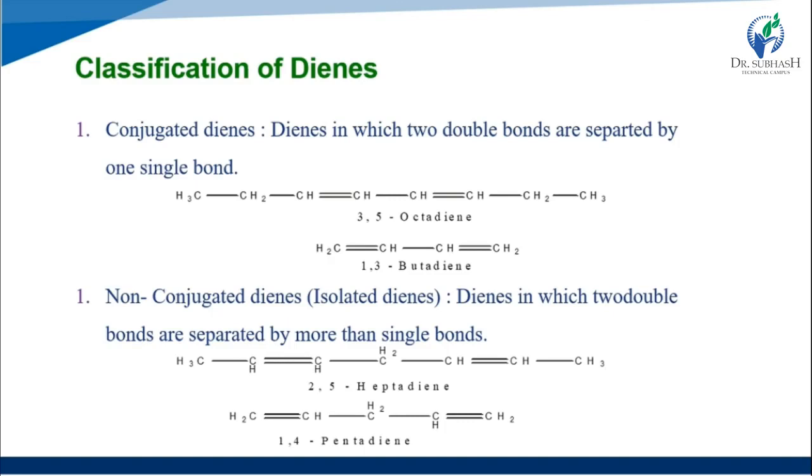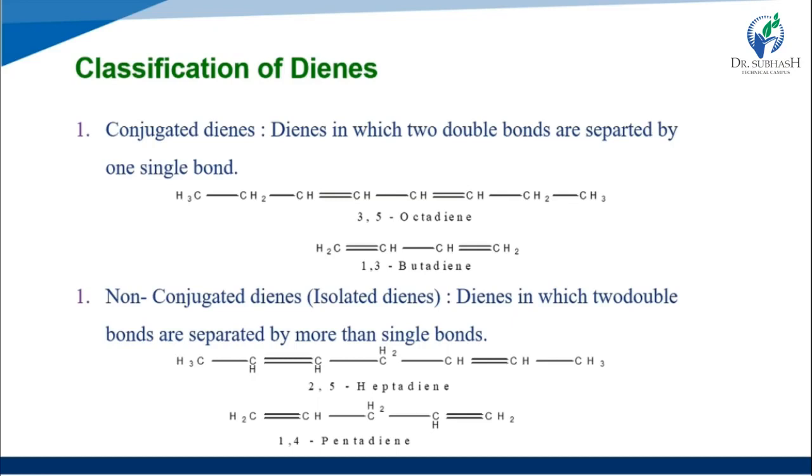First, 3,5-octadiene: the 3 position and 5 position have double bonds, and 8 carbons are present in that hydrocarbon chain. Second, 1,3-butadiene: carbon 1 and carbon 3 have double bonds, so the name of this structure is 1,3-butadiene.